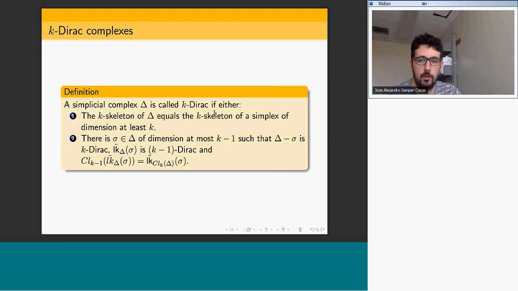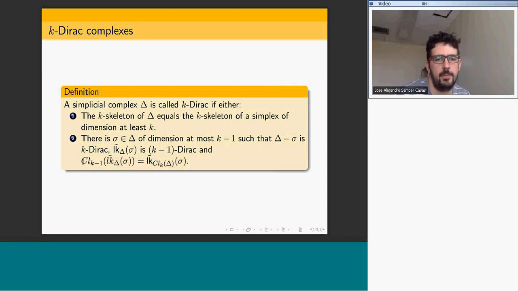Or there is a face sigma of dimension at most K plus 1, such that when I remove this face, the subcomplex not containing sigma is K-Dirac, and the extended link of sigma is K minus 1 Dirac. It's a combinatorial condition on how these things glue together.